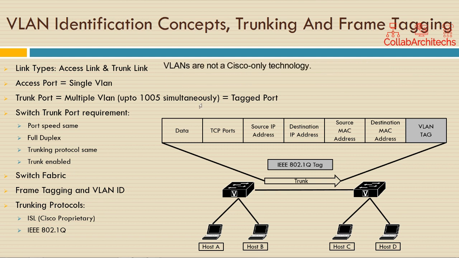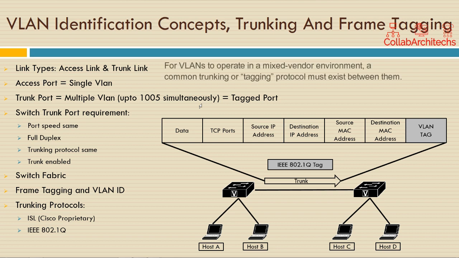VLANs are not a Cisco-only technology. Just about all managed switch vendors support VLANs. For VLANs to operate in a mixed vendor environment, a common trunking or tagging protocol must exist between them.